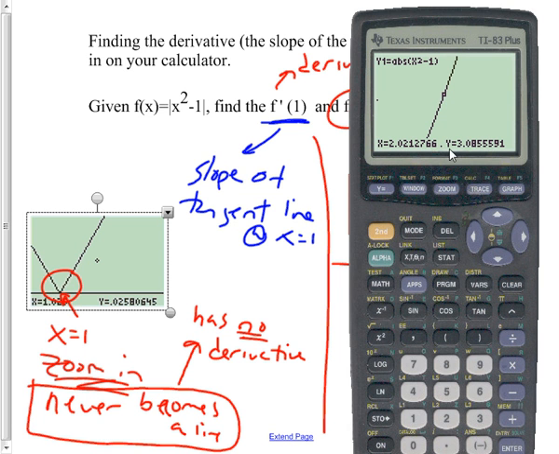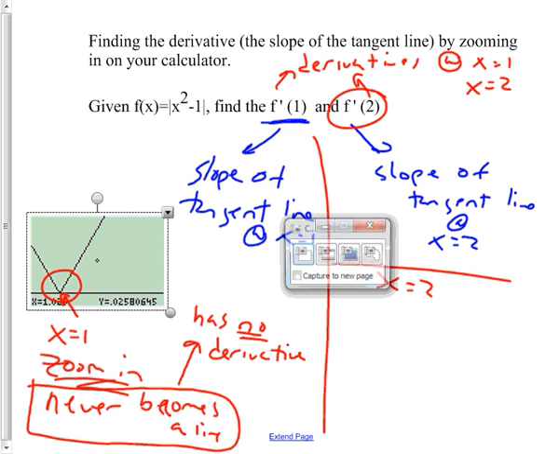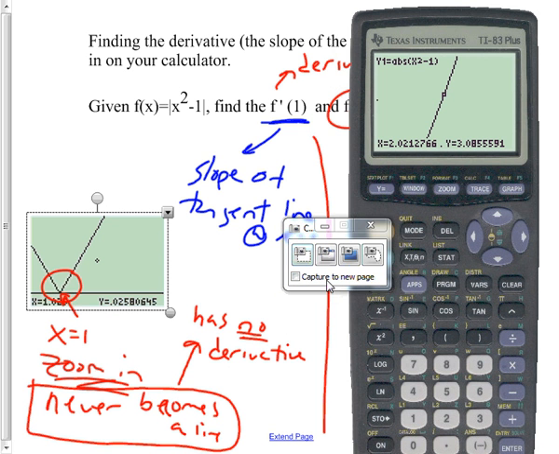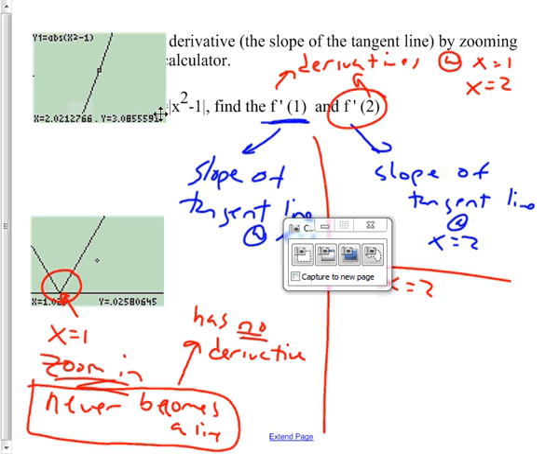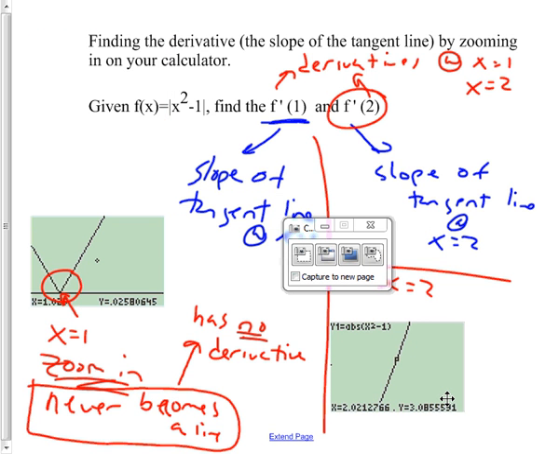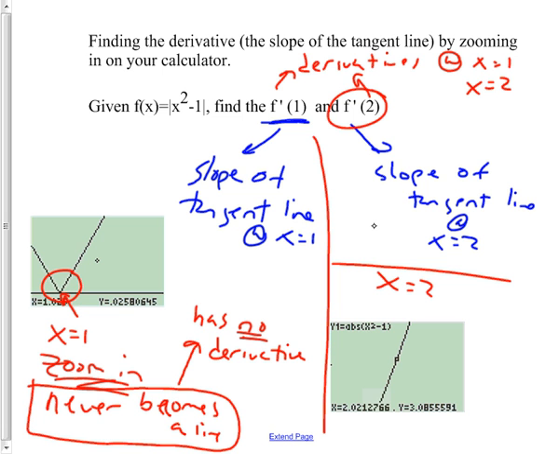So now we've got a point on the graph, and we know that the other point is when x equals 2. When x equals 2, my function is going to be 3 by plugging 2 into here. So when x equals 2, y equals 3, and I've got this other point here.